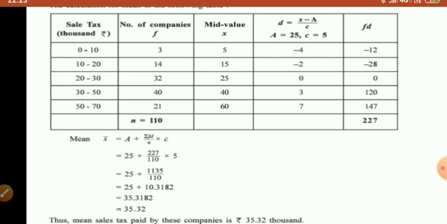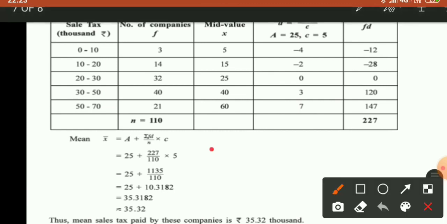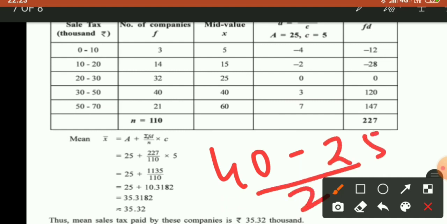Then 25 minus 25 is equal to 0. Then 40 minus 25 divided by 5, what I'll get is 3, which is positive. I have written 3 here.